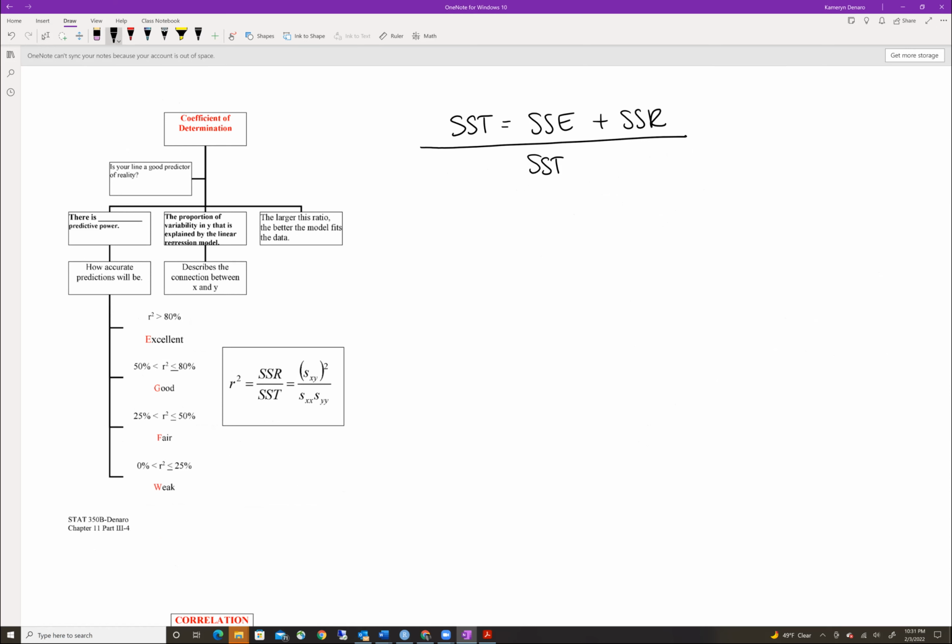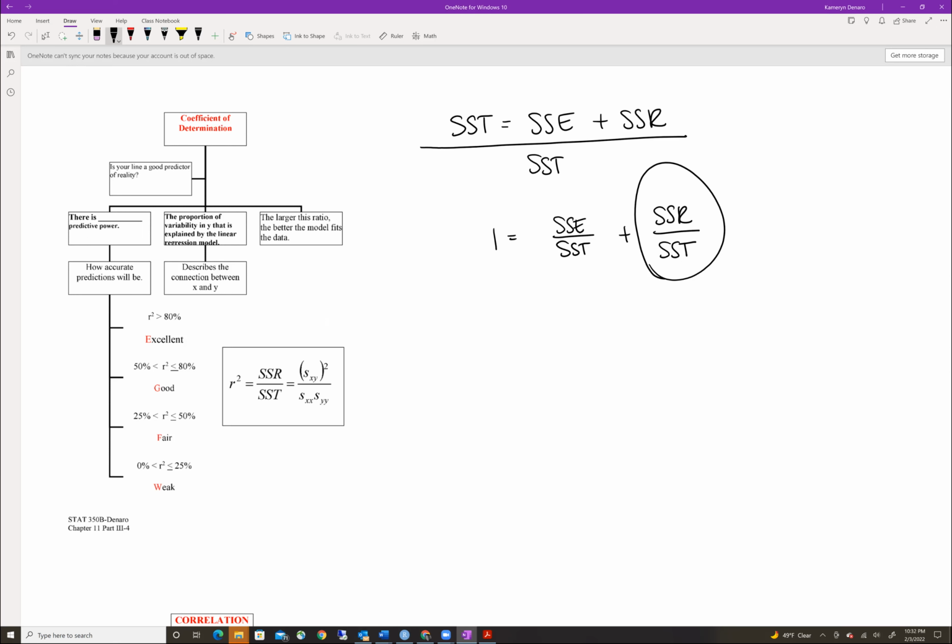We get 1 equals SSE divided by SST plus SSR divided by SST. And this piece right here is a proportion.